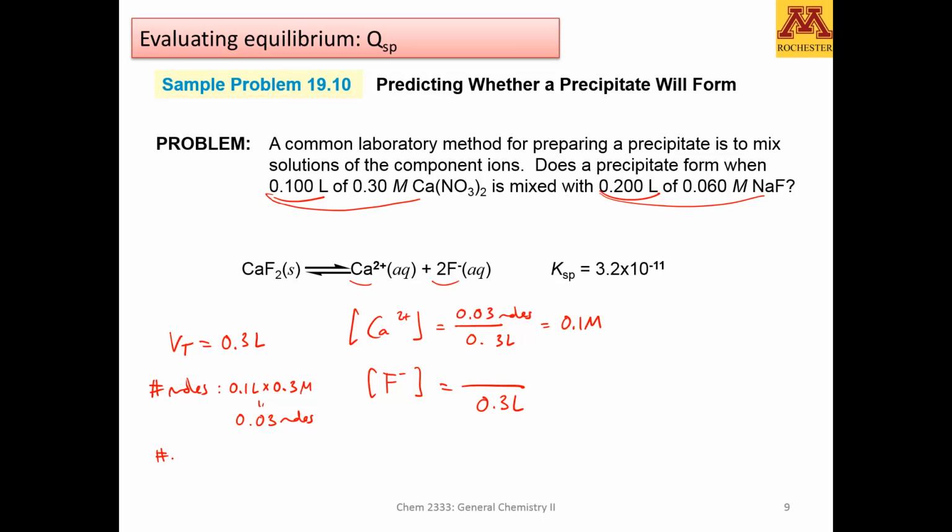The number of moles of fluoride will be 0.06 molar times 0.2 liters. I'm sorry, it should be 0.2 liters.